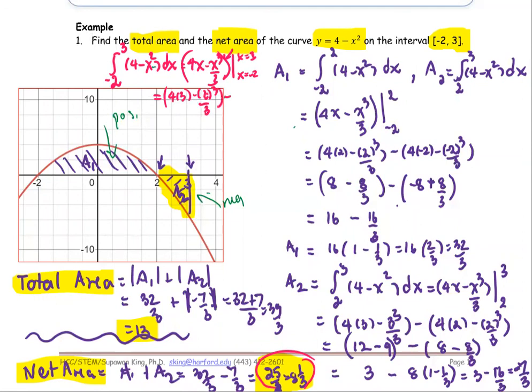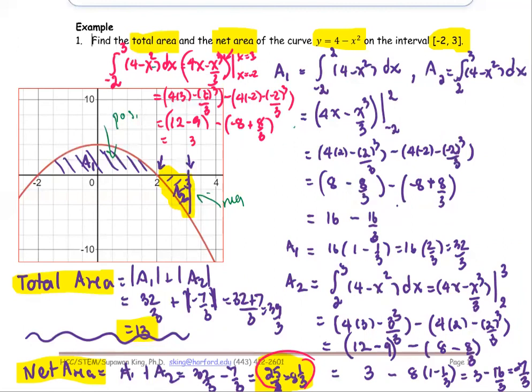And subtract the value from the lower limit, which is 4 times negative 2 minus negative 2 to the power 3 over 3. We got 12 minus 9, subtracted by negative 8 plus 8 over 3.